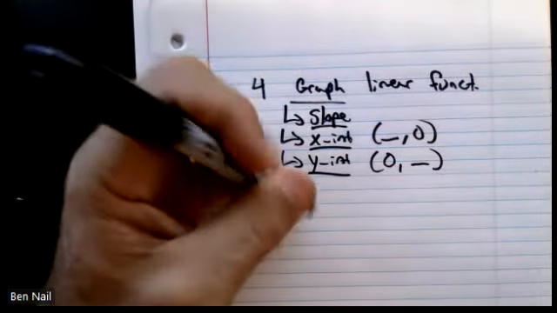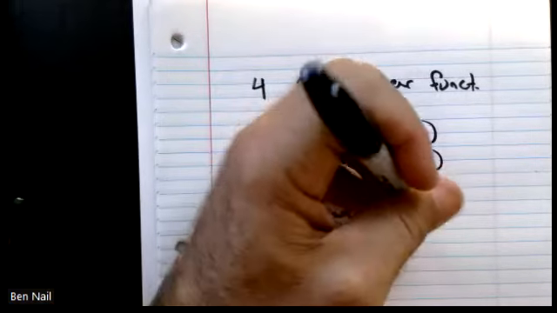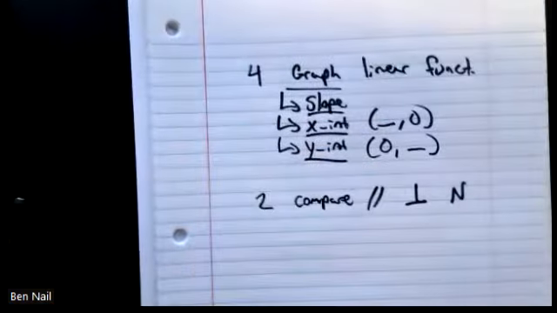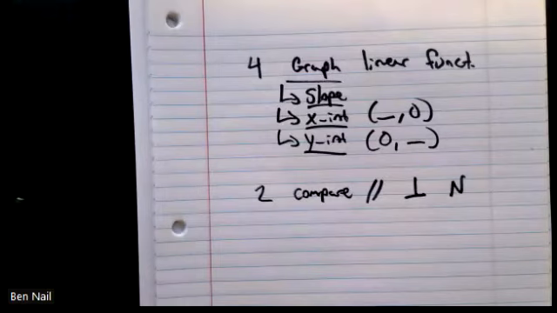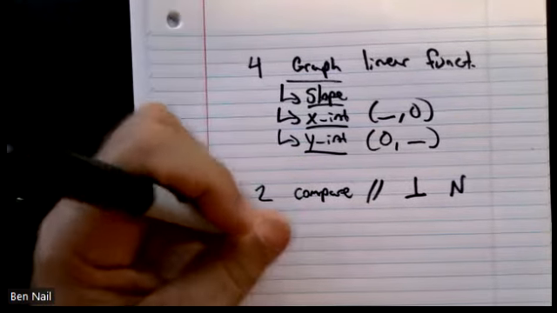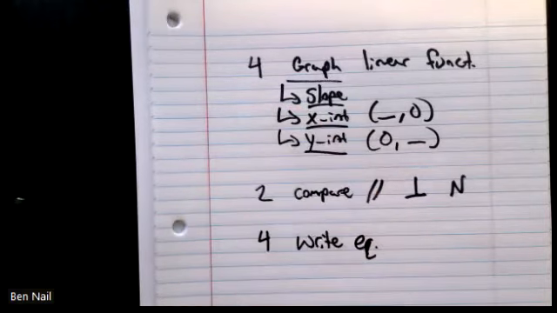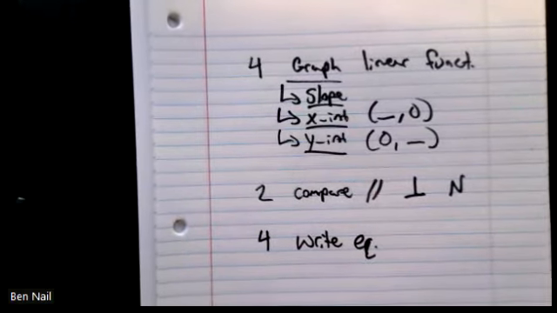There are 2 questions asking you to compare lines. Are these parallel, perpendicular, or neither? We just talked about that today. There are 4 questions where you're going to be asked to write the equation. Again, what we just covered today.